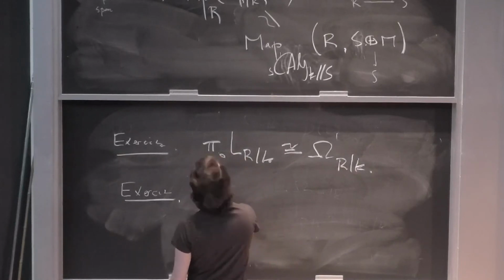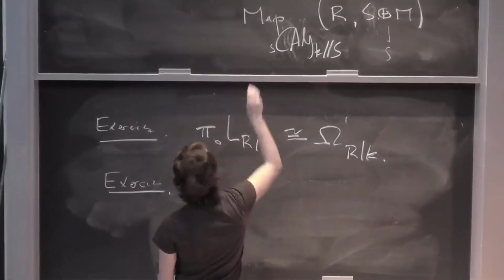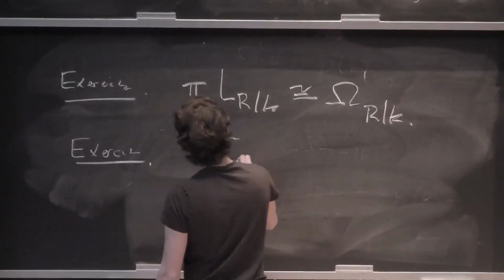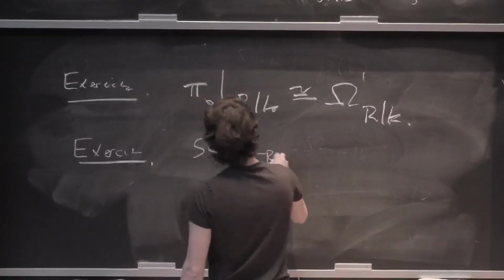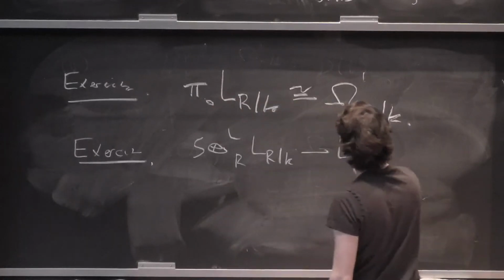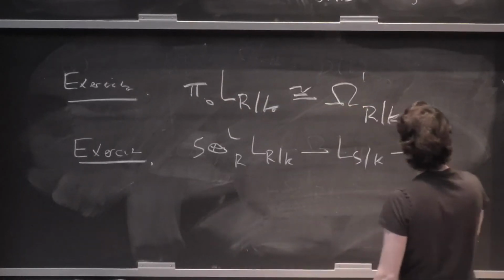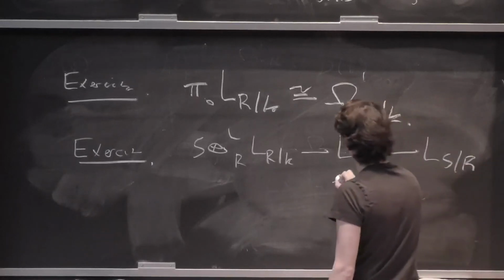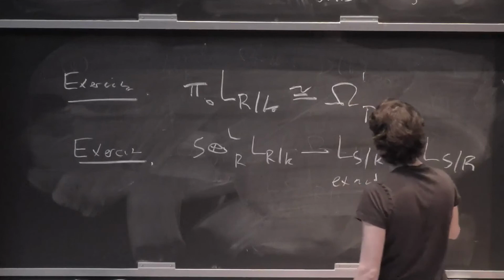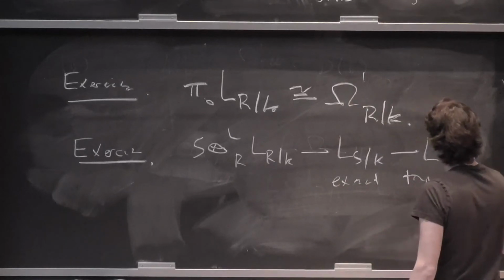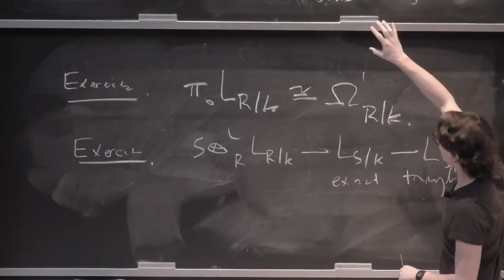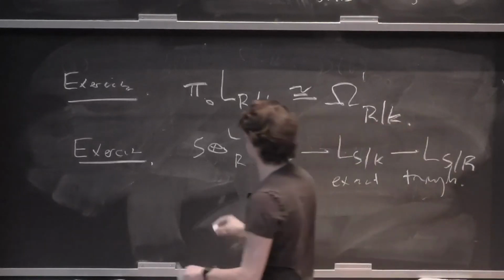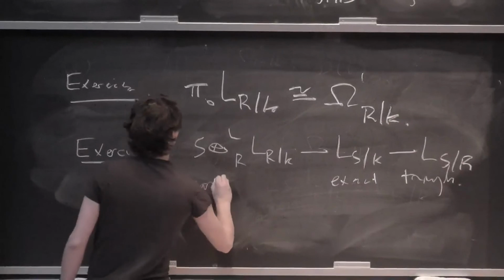So you can prove that in this setup, I can base change the cotangent complex of R over K to S, and then go to the cotangent complex of S, and then go to the cotangent complex of S over R. And this is an exact triangle or a cofiber sequence. Use this universal property, and you can prove this. So this is like the transitivity.